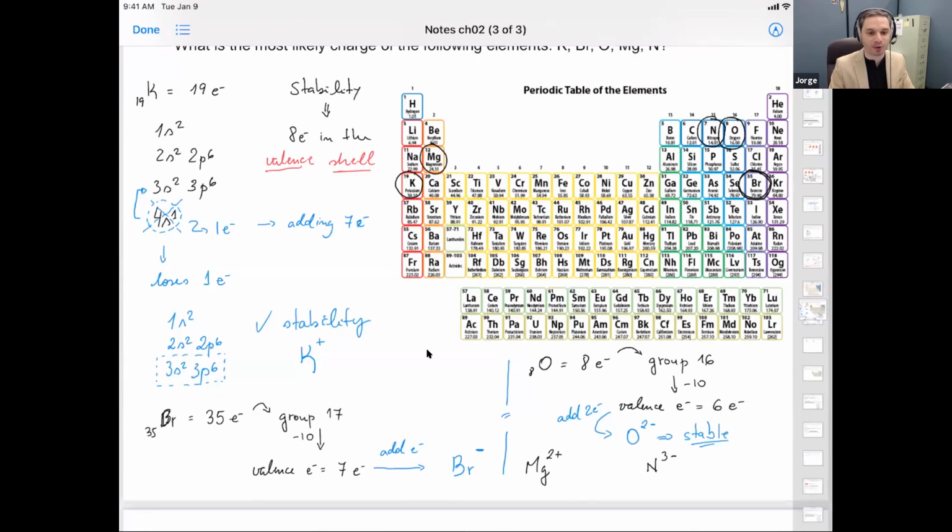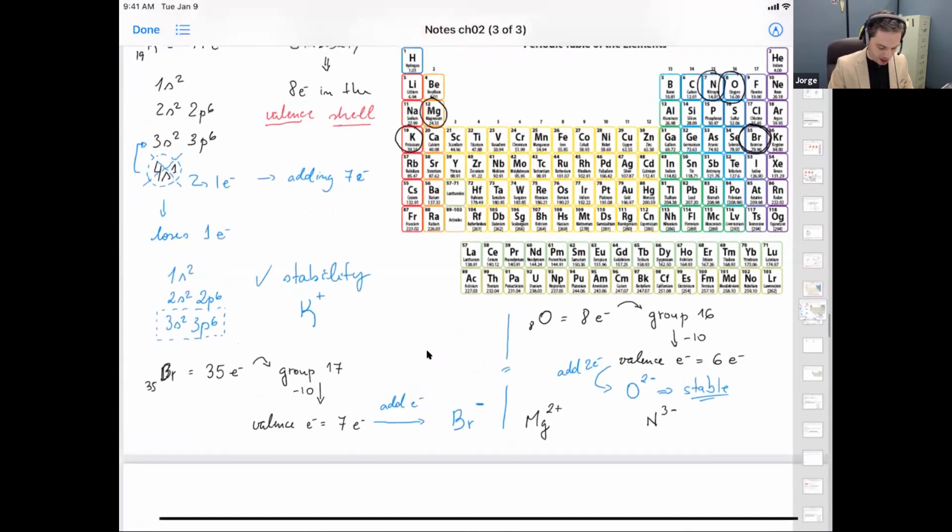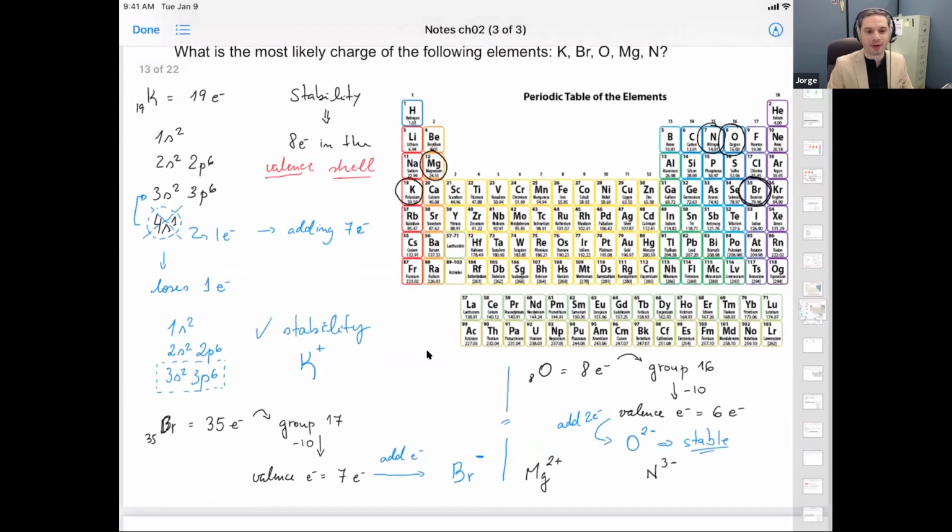Those are the ones that will react. And of course, if an electron is lost, someone has to gain that, and vice versa. So now what I want to show you today is how elements are bonded to form compounds. And that's our goal for today.